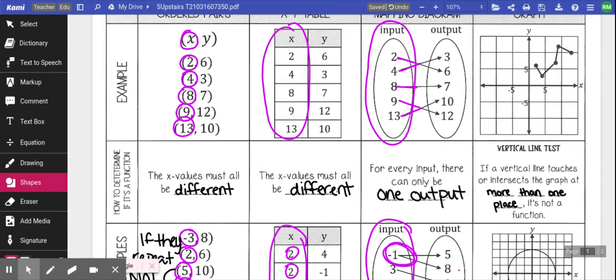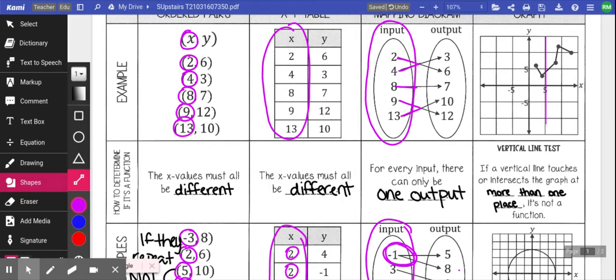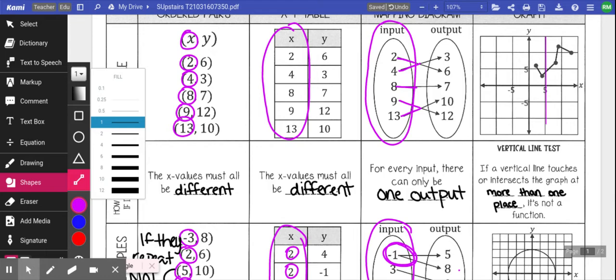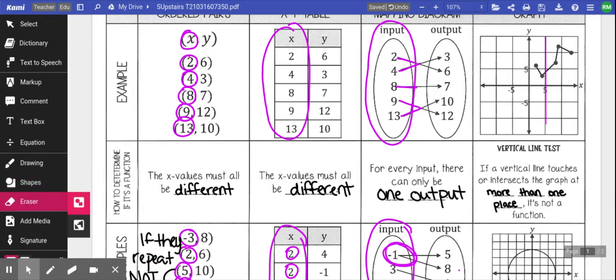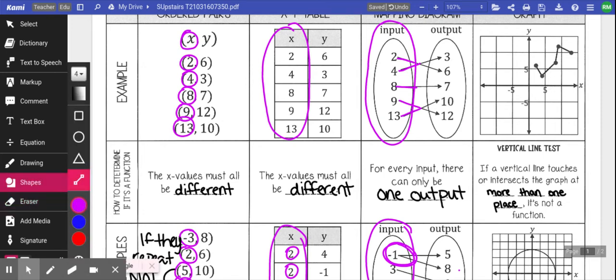Okay, so no matter where I put a vertical line, which is a line that's straight up and down, let me make it a little bit thicker. Okay, so if I put a vertical line here, how many times is it touching my graph?